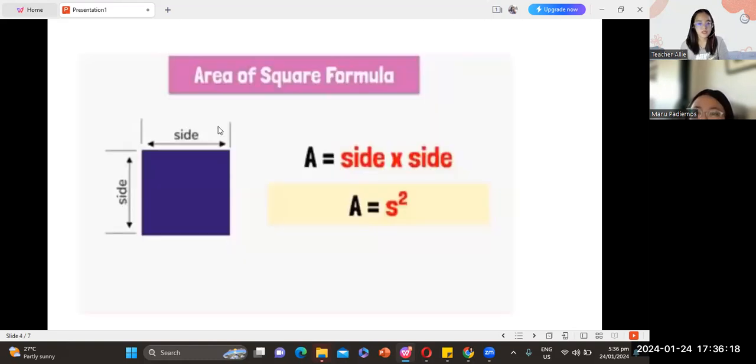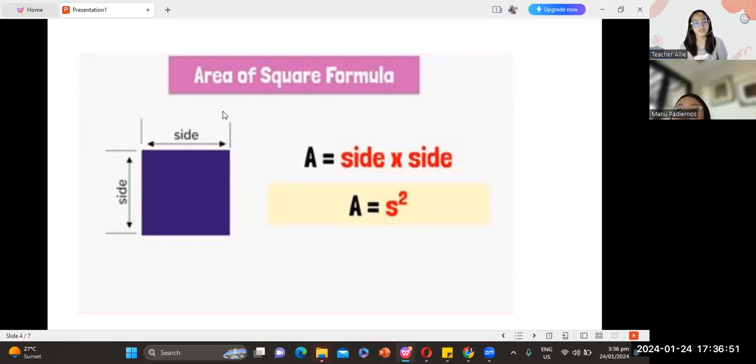Okay, so let's talk about formulas. We've already talked about this in our previous class, but let us review it. I remember you said about the S. S means the side. An area of a square has sides, right? And the sides are the same. So how are you going to calculate the area? You multiply both sides. Side times side is equal to s squared.